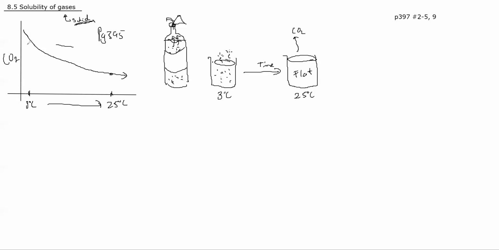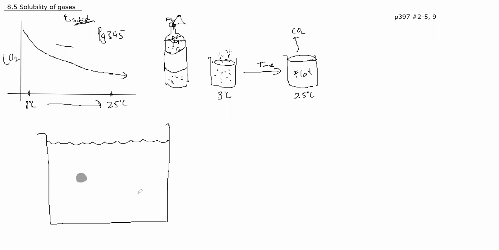To understand why the relationship is a little bit different, I'm going to have to get you to visualize once again what it means for a solute to be dissolved in a solvent. Here are my carbon dioxide molecules, and around them are the water molecules. And of course, they're not static. It's not just sitting there.